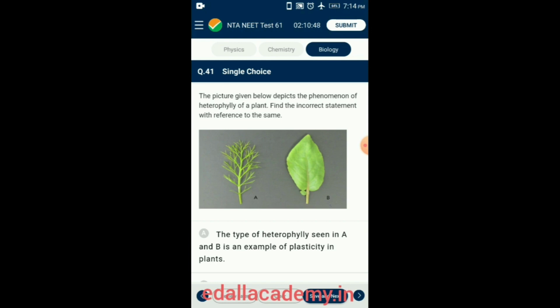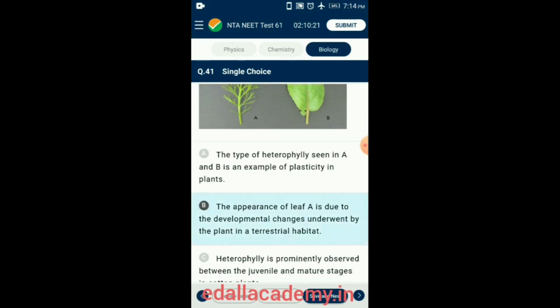In such plants, the leaves of the juvenile plant are different in shape from those in mature plants. On the other hand, difference in shapes of leaves produced in air and those produced in water in buttercup plant also represents heterophylly due to environment. This phenomenon of heterophylly is an example of plasticity. So the correct option for this question is option B.